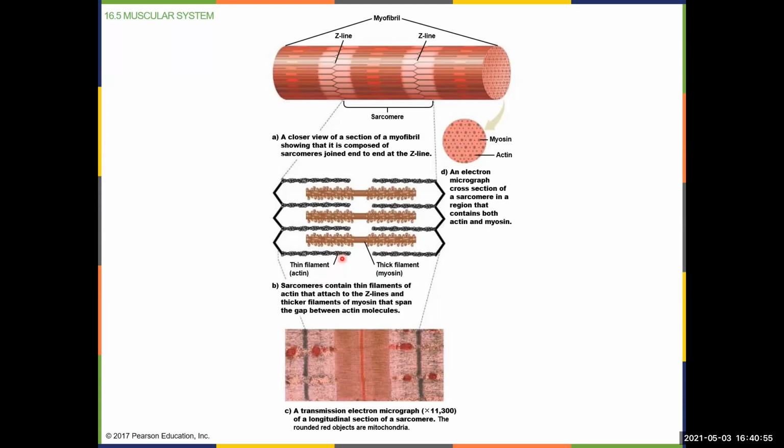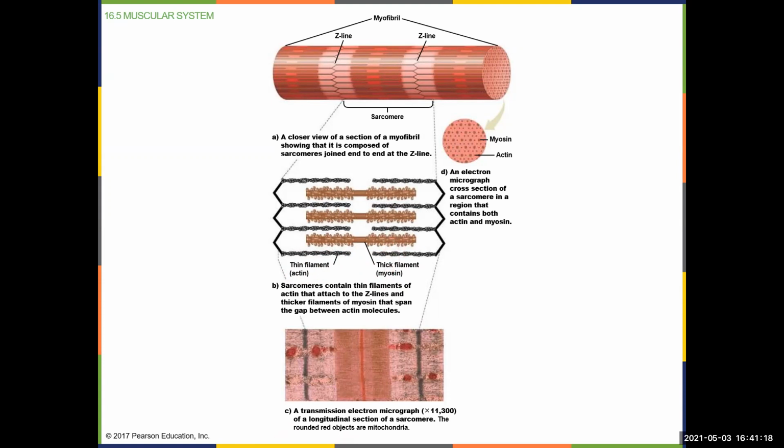The thin filament are the actin filaments. Notice how the myosin filament has all of these little round kind of like bundles that are on that protein. Those are going to be important in a little bit because that's how the muscle contracts.